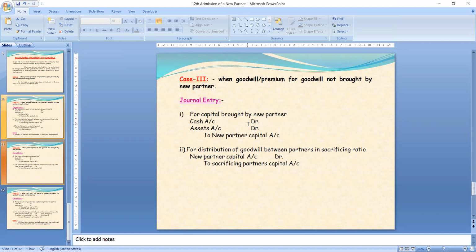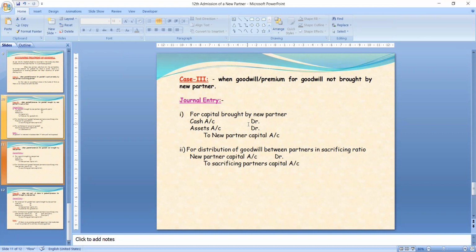But in this question, C is not bringing goodwill, only capital of 30,000. So in the first entry, we pass the journal entry for only capital, 30,000. Then in the second entry, we adjust the goodwill amount from his capital, because he is not bringing goodwill.